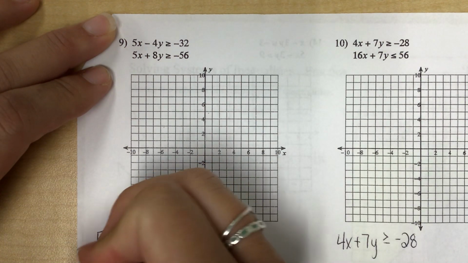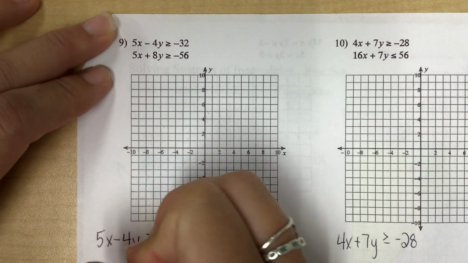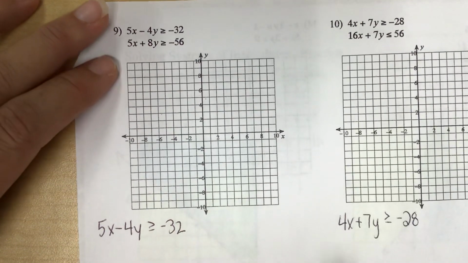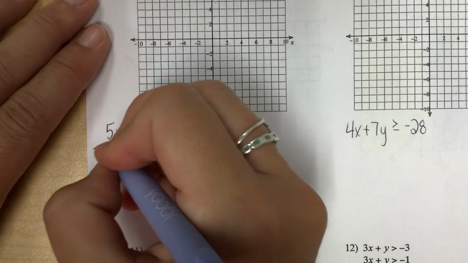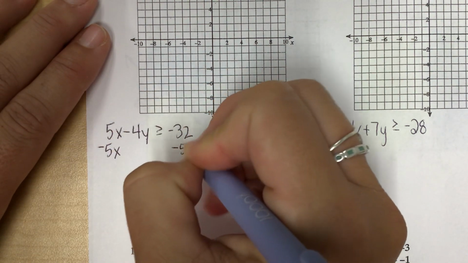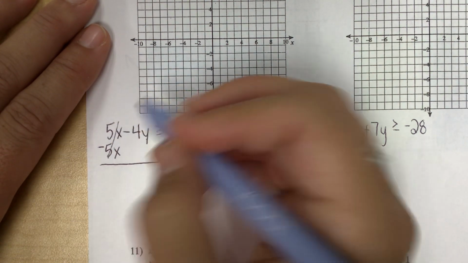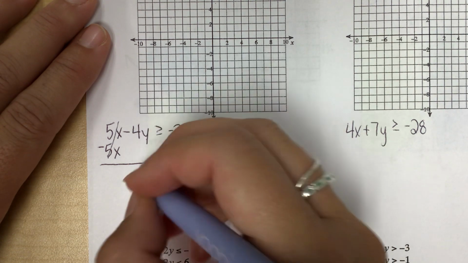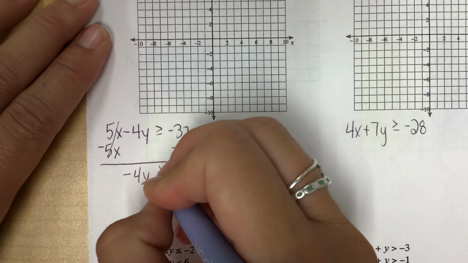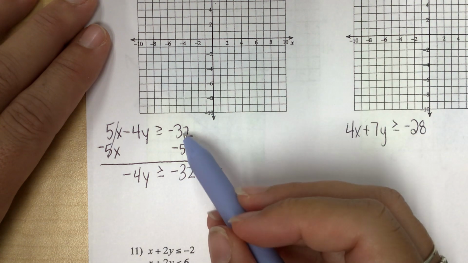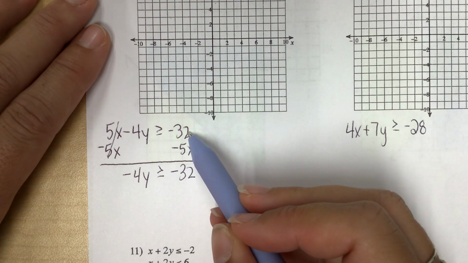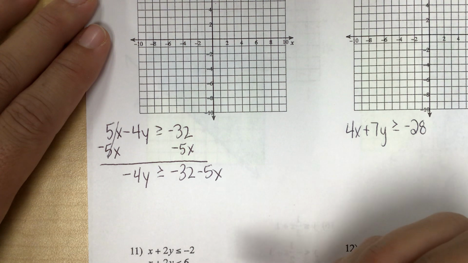So if I start with the first one, all right, so I have to get y by itself. So I'm going to start by moving my x term. So those cancel. Be sure to keep your signs. This is a -4y greater than or equal to -32 minus 5x. I cannot combine these because this has an x and this doesn't, so I just write them side by side.